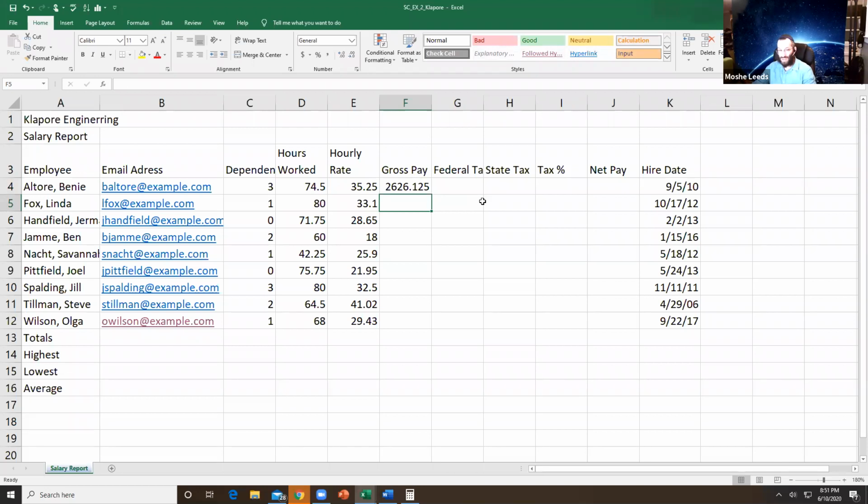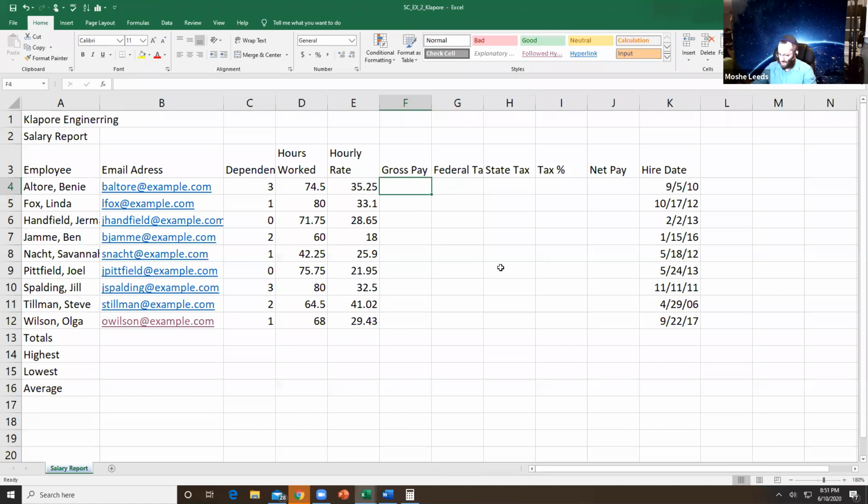But I will have the same problem, because if at any point I change these numbers, this number is no longer valid because it's not actually connected to the cell, it's only connected to the number. If you look at my formula bar, I just typed in the numbers. I don't want that. I want it to be connected to those cells. So, there we go. Delete.